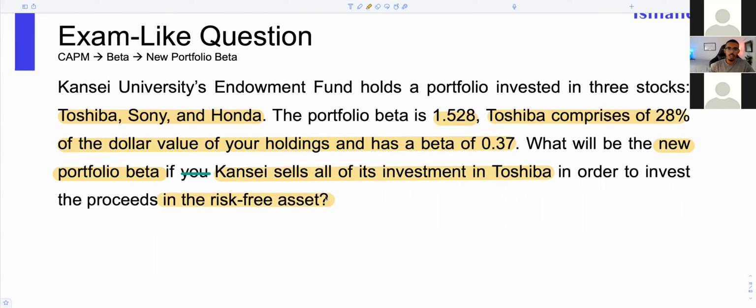What I'm going to highlight here in purple, I just want you to really understand that if you see this on an exam, it should scream at you, like hit you in the face, that you're dealing with this specific type of question, and that you need to use the following framework and formula. If you see something that says new portfolio beta, you need to know that you're going to use the formula for betas.